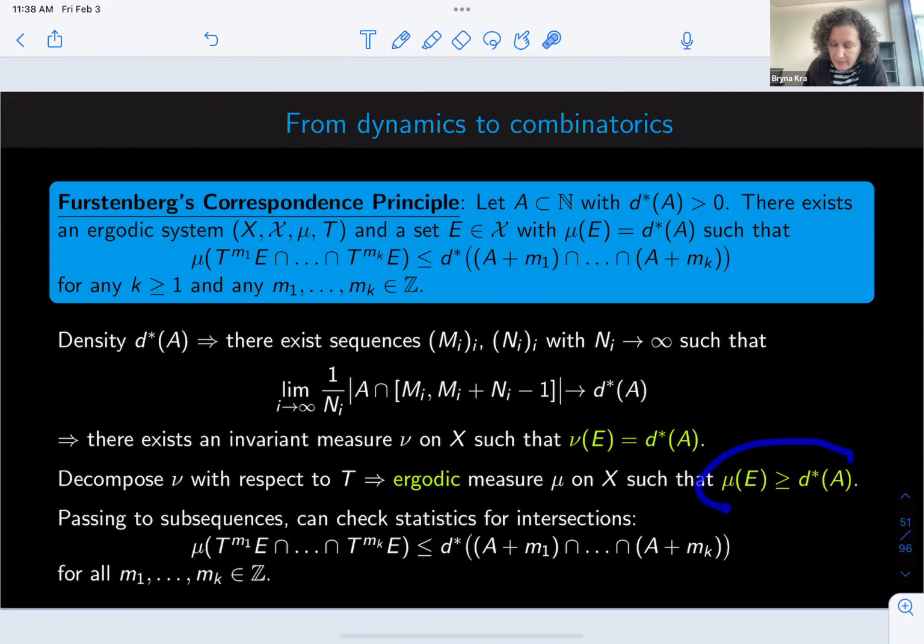And so then the mu measure of E is going to be at least as big as the nu measure, which is equal to the density. And now you still have to pass to subsequences to check that you can get all of these good statistics for any choices of m1 and m2 and check that this works. So there's some work here to do, but this is the outline of how to do those steps.